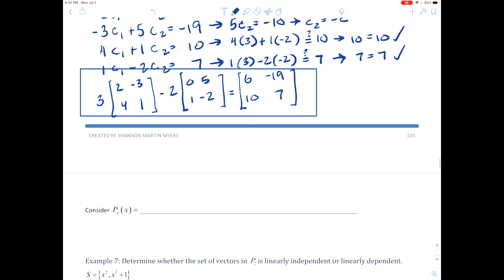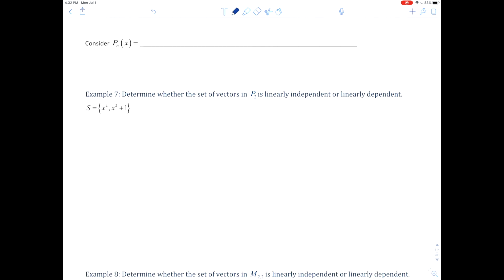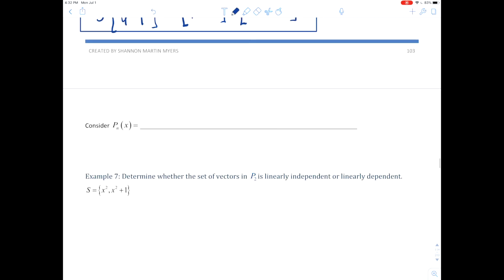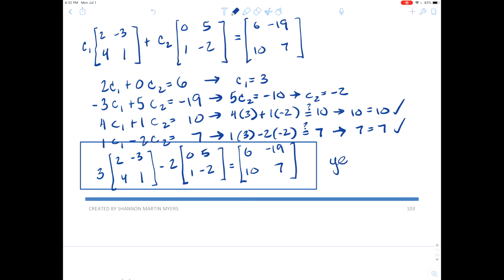Okay, so next up, now we're going into polynomials. Actually, did we answer the question? Not quite. So yes, it can be, and that's the linear combination.